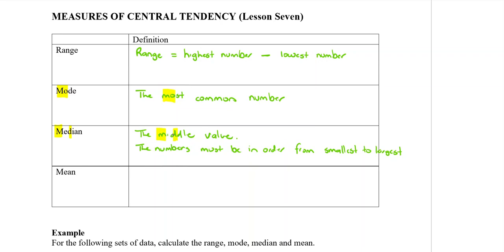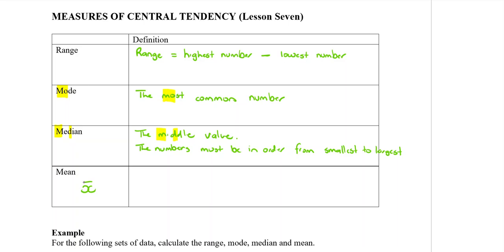Median means middle. The mean is the only one out of all these things that actually has a symbol. The symbol for mean is an X with a little bar across it. So you can use that symbol instead of the word, or you might see it in some of the questions. It just means to find the mean. And mean is also another name for an average.